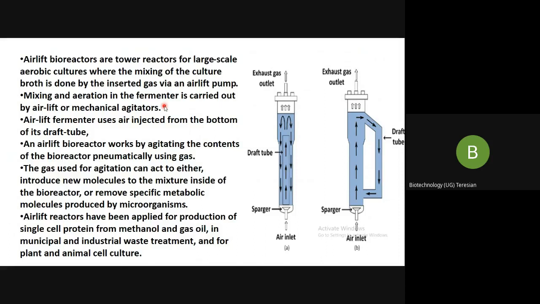So these two terms you have to remember: the air and the liquid circulation. When I am pumping the air, the circulation of the liquid happens. Due to high efficiency, airlift fermenters are preferred in methanol production, wastewater treatment, and single cell protein production.